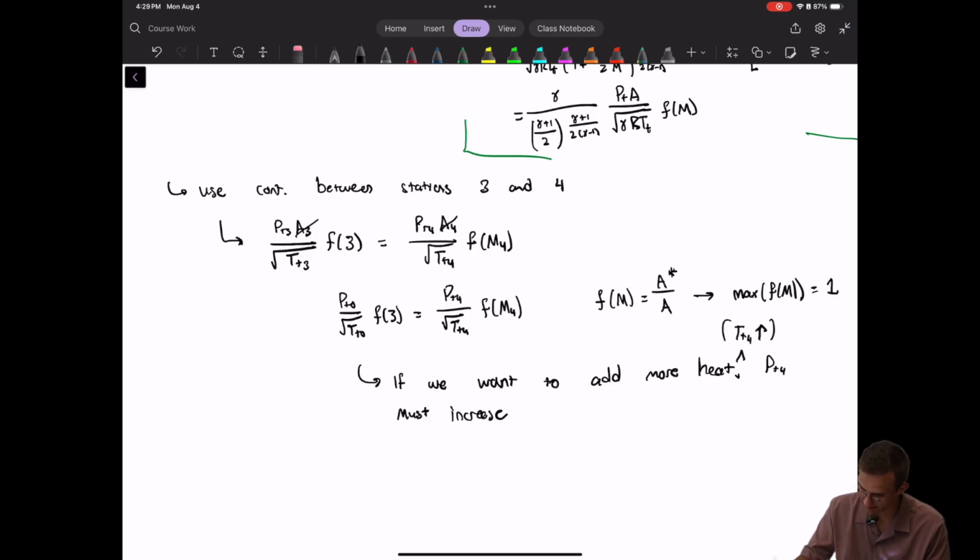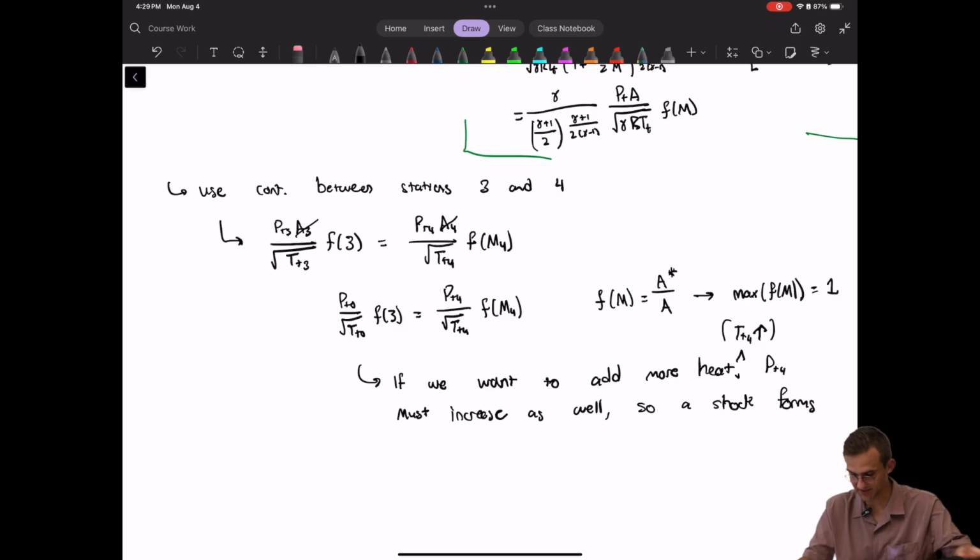Then PT4 must increase as well, since everything on the left-hand side of the equation is fixed, and F of M4 is maximized. It's sort of stuck. So a shock forms, and this is called the engine unstarting. The engine unstarts.